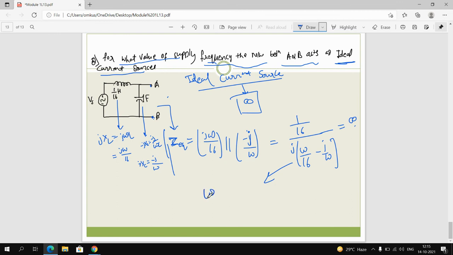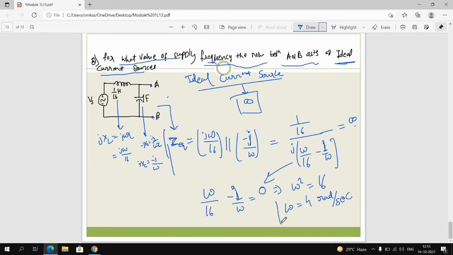So this is nothing but your 0, right? Then only you will get this value. Now solve this, you will get omega square, so this is 1 because j is taken outside. When you solve this you will get omega square is equal to 16, and omega is nothing but 4 radian per second.